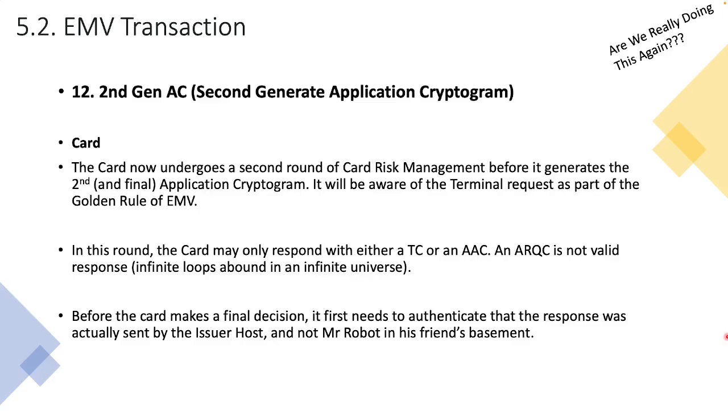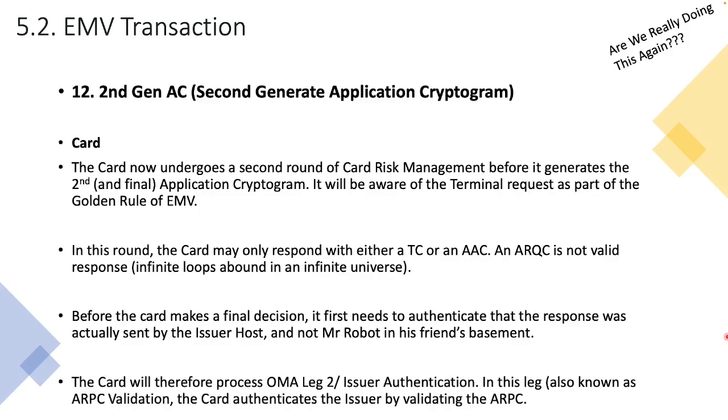But before I, as the card, can approve this transaction, I first have to make sure that that approval that we received actually did emanate from a genuine issuer, right? And it's not someone hacking the system and telling the terminal to request a TC or an approval from me.